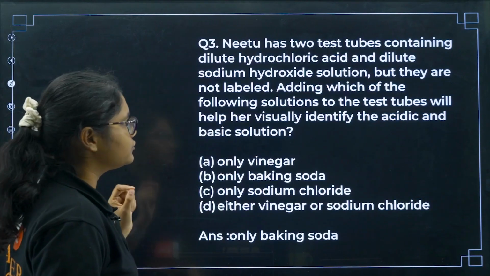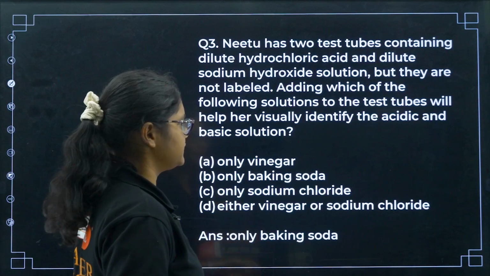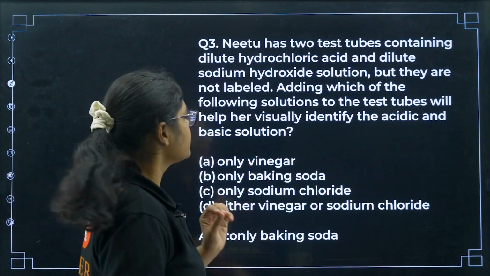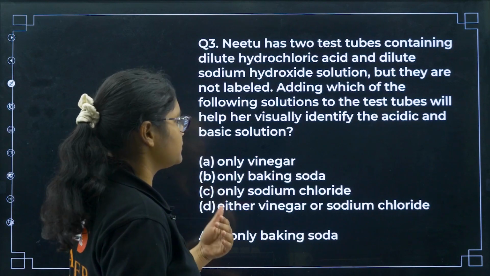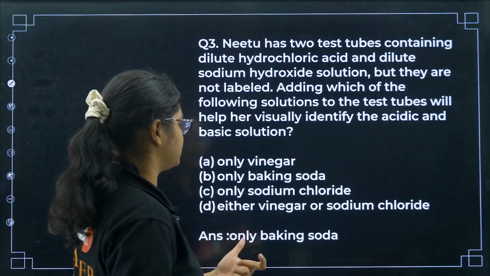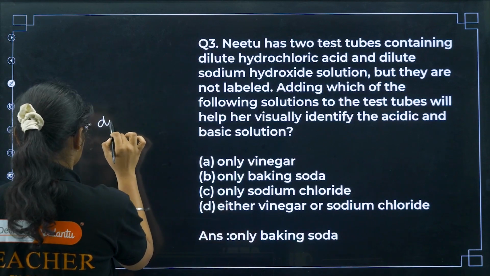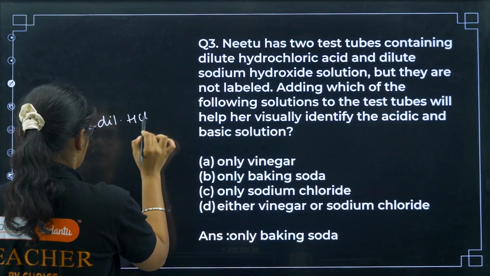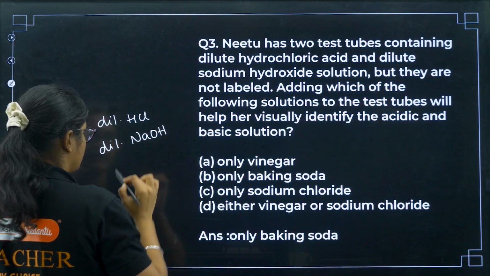Next, Neetu has 2 test tubes containing dilute hydrochloric acid and dilute sodium hydroxide solution, but they are not labeled. Adding which of the following solutions to the test tubes will help her visually identify the acidic and basic solution? In one you have dilute HCl and in another dilute NaOH.